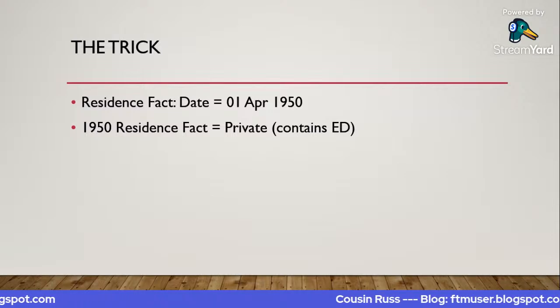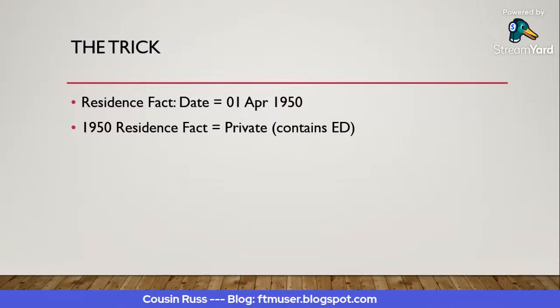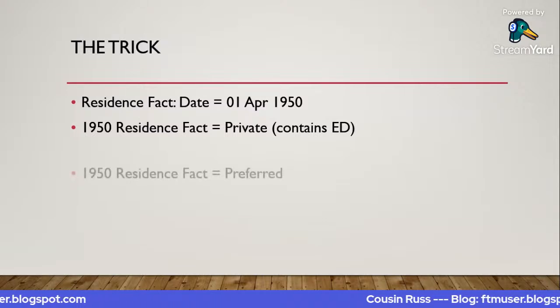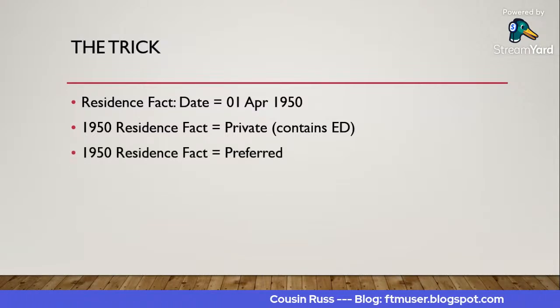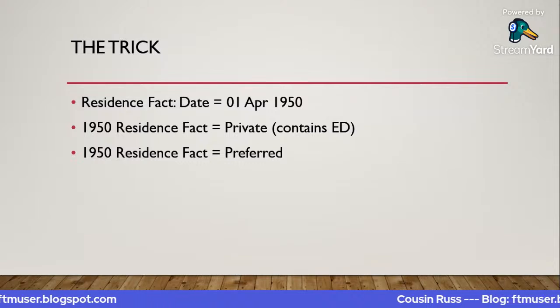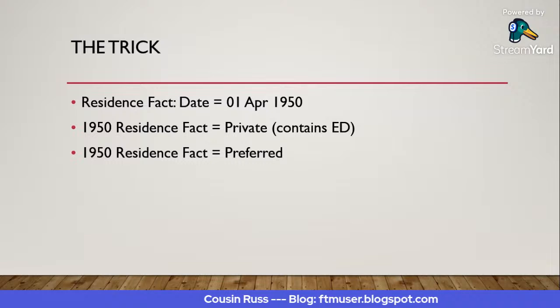In working with reports, I wanted to be able to print that report. And what I had to do, which turned out to be a good thing, is that I marked the 1950 residence fact preferred. In my database in general, I will have the most recent residence fact from a census record as the preferred fact.